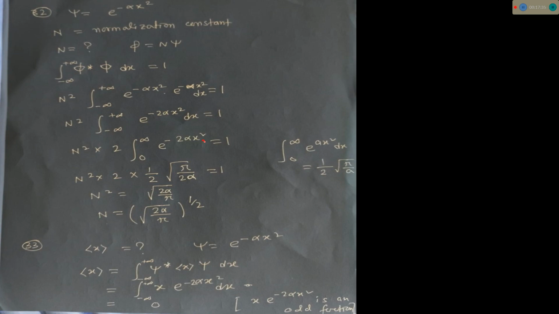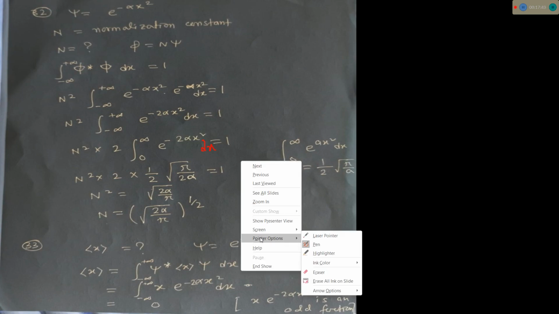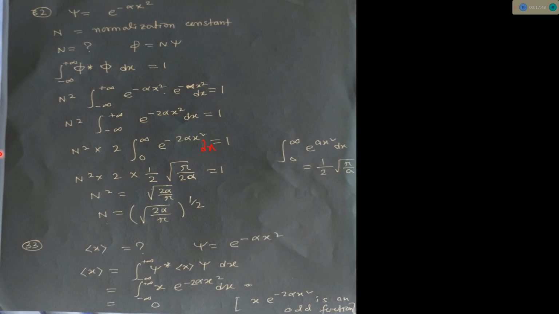So dx should be there. This is a property of some integrations. Since this term is even, we can write 2 into 0 to infinity. So from this calculation we will find n equal to root over 2 alpha by pi, whole to the power half. So we just have to calculate the normalization constant.